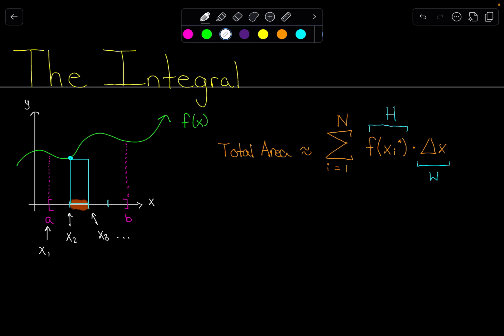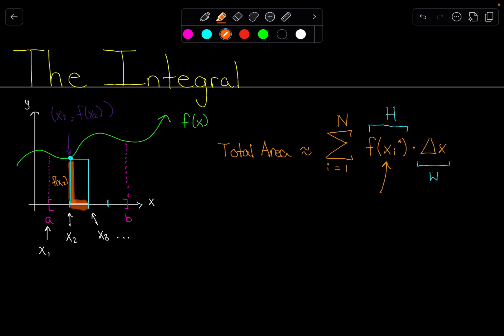This particular point that I've selected here would have an x value, and then whatever f of x2 happens to be would be the y value. That would give me that the height of this rectangle would just be whatever that y value is, f of x sub 2, for instance. And that's basically what this bit here says.